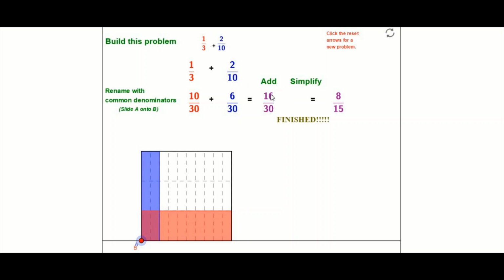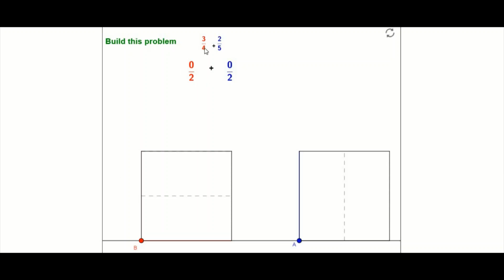And this can be reduced by dividing both the numerator and denominator by 2, which gives us a final answer of 8 out of 15 parts. And you are finished. Now to another problem where we have 3/4 plus 2/5.